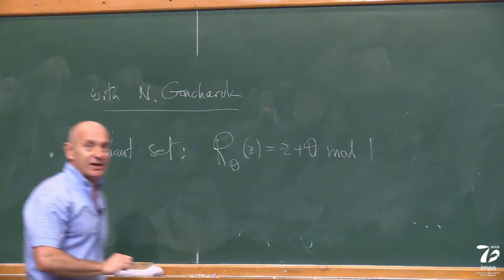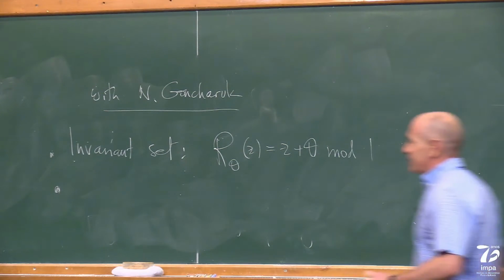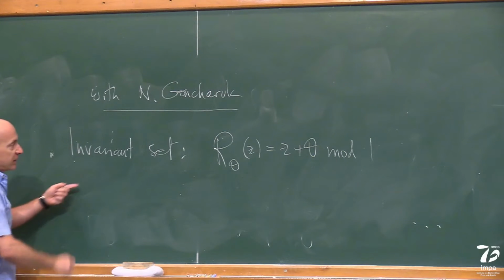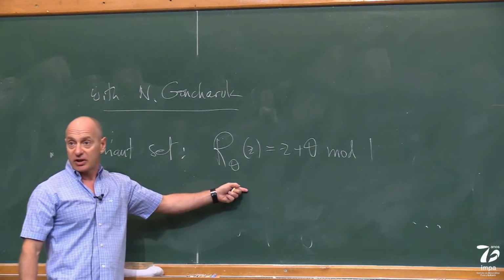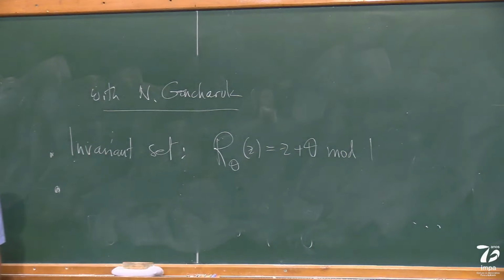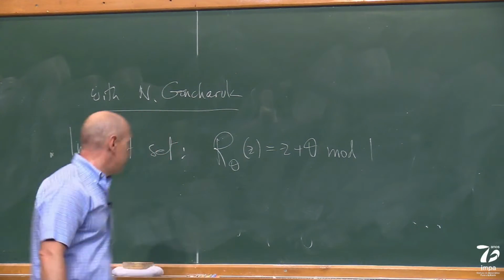Sorry to the part of the audience who are going to get a little bit lost here, but at some point I have to start assuming some prior knowledge. So let's restrict ourselves to Bruno rotation numbers, which is the weakest Diophantine type condition that's still useful for circle diffeos.